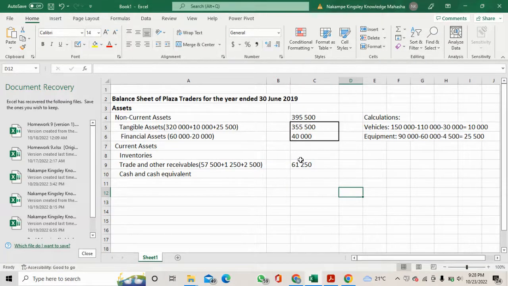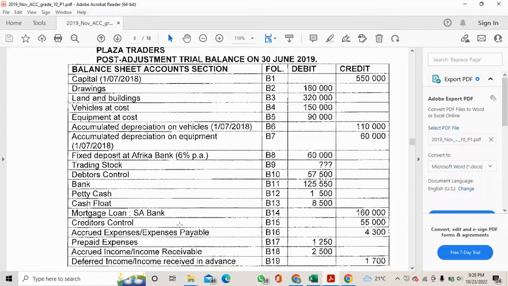So now we're going to move to our cash and cash equivalent. Remember what makes our cash and cash equivalent? It includes bank, and anything that has to do with cash. Even the name just explains itself. We have bank, we have petty cash, we have cash float.